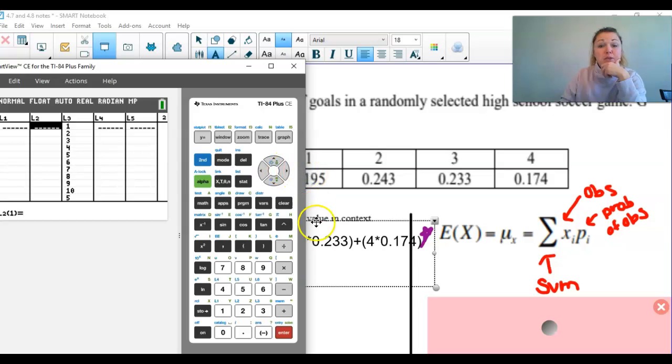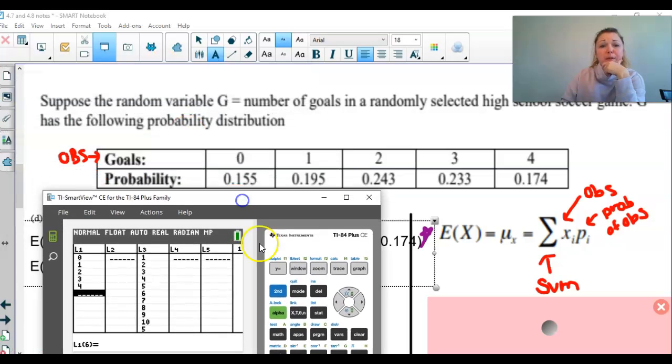I know my number of goals go from 0 to 4. So I'm going to go to L1. L1 is going to be whatever the random variable is: 0, 1, 2, 3, 4. Now in L2 we want to put the probabilities.